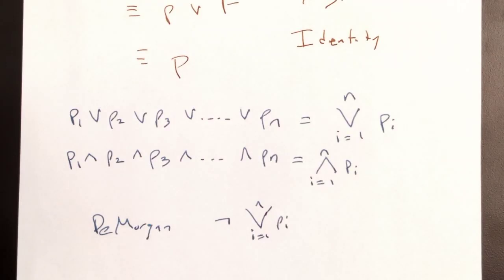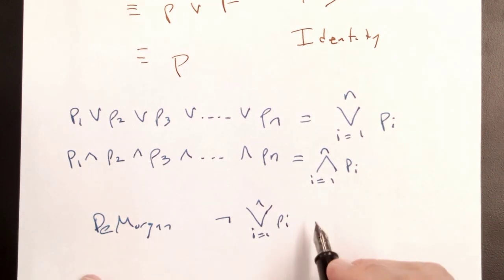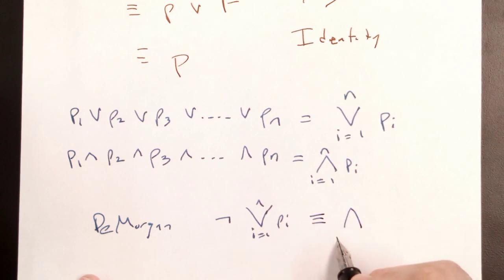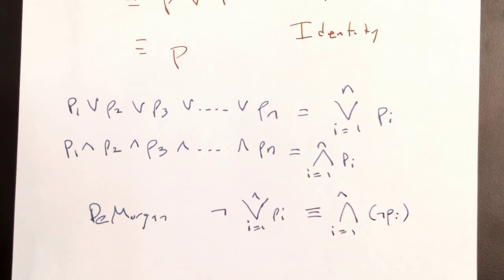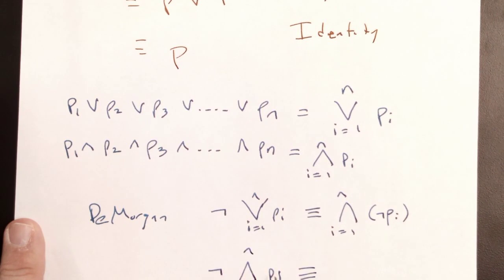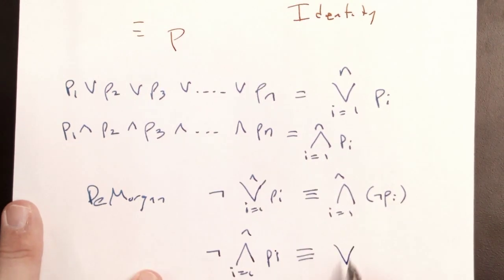But also, flip what around? So that has to become an and. I have to flip all the ors. And similarly, if I start with a bunch of ands, then when I negate the whole thing, I get a bunch of ors.